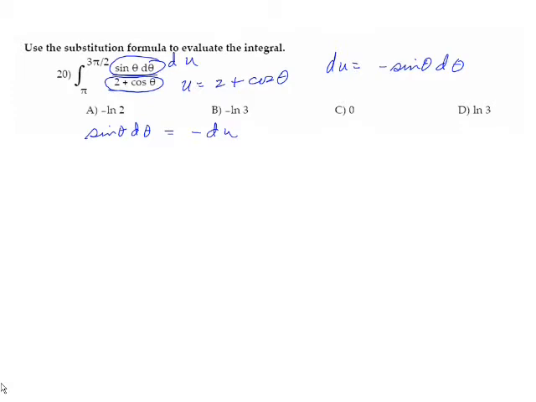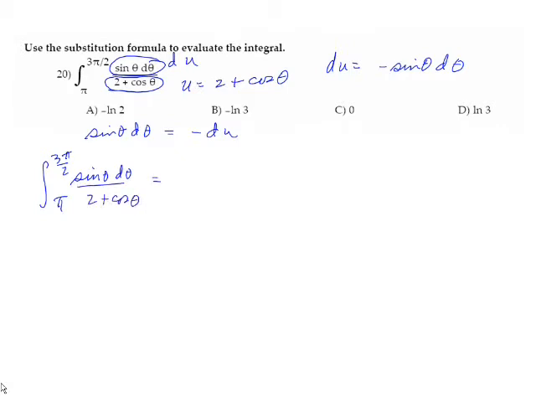As we do this, since this is a definite integral, we're going to change the limits of integration from integration on theta to integration on u. So we need to change this, the integral from pi to 3 pi over 2 of sine of theta d theta over 2 plus cosine of theta.